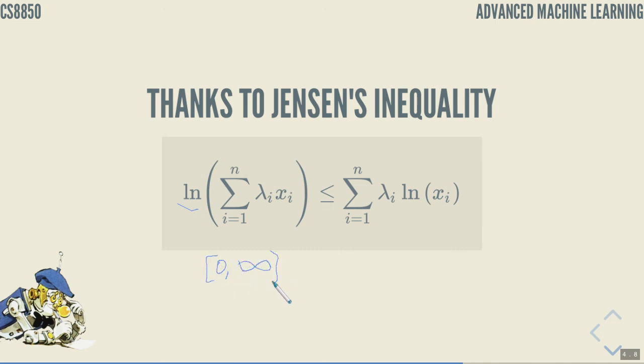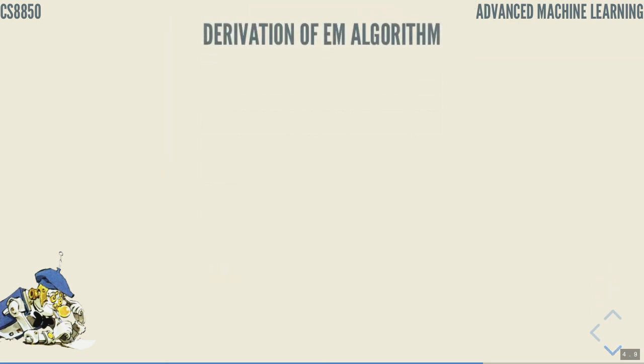So for positive or non-negative values of x, we can use Jensen's inequality and pull the logarithm inside of the sum by changing the inequality sign. So now we're ready to talk about expectation maximization. We have most of the bits and pieces that we need. Let's derive the EM algorithm.